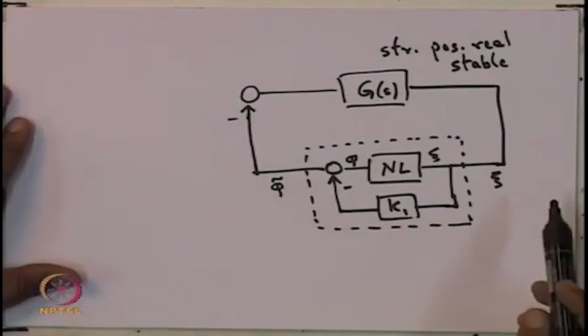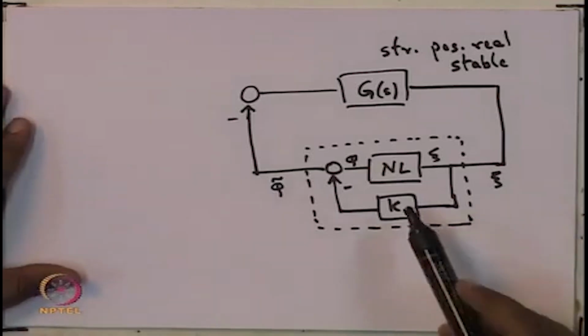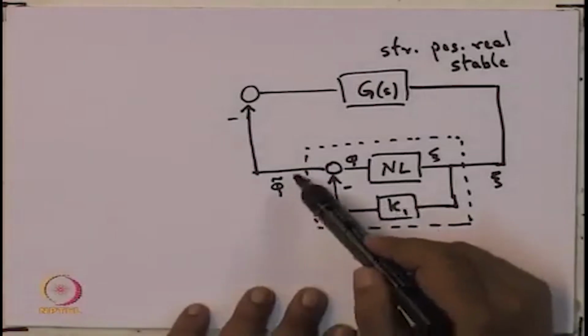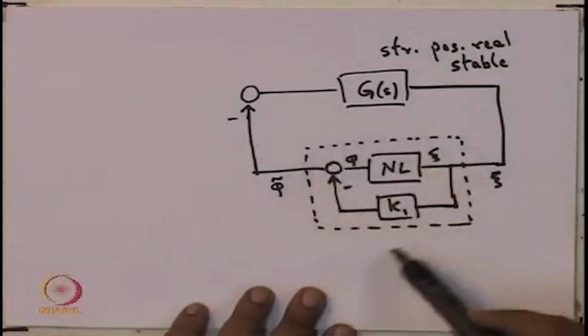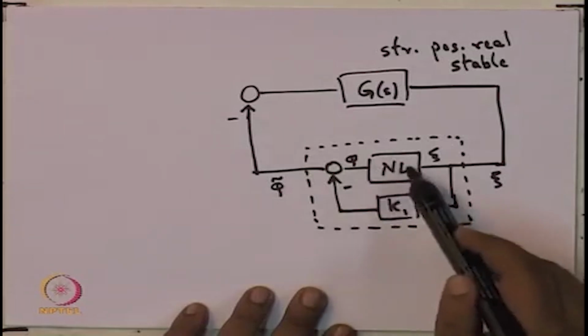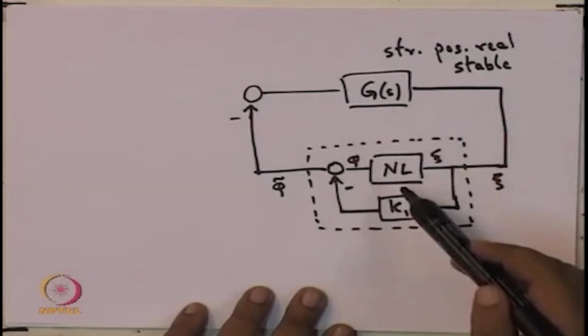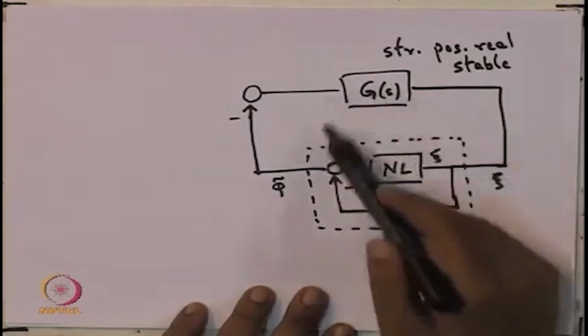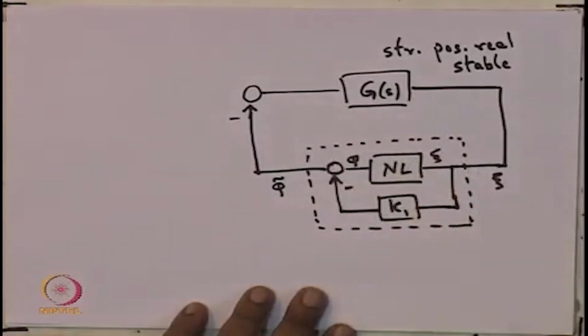But now we are interested in knowing not what can be connected to this new nonlinearity, but what plants can be connected to the original nonlinearity such that the resulting system would be asymptotically stable.